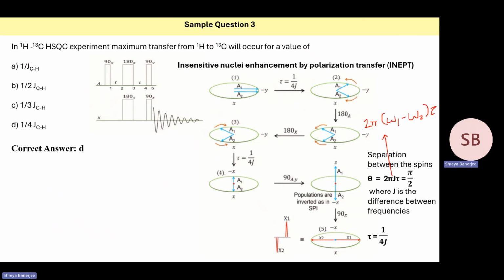So now if you cancel out pi on both sides, you will find tau is 1 by 4J. That is what this question is asking. So the maximum transfer will occur for 1 by 4J. 1 by 4J is your option D. So the correct answer is option D.